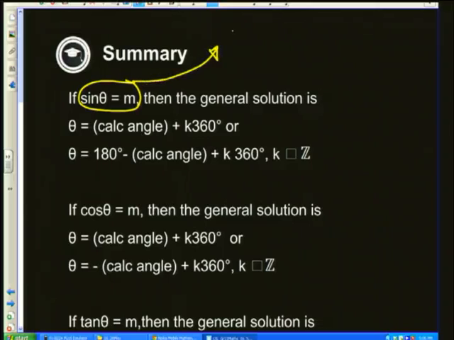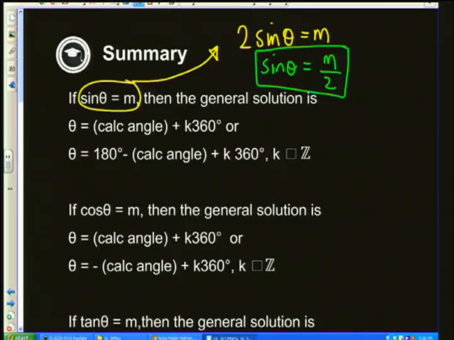So if we have 2 sine theta is equal to m, then you will want to get sine theta by itself. You always want to isolate the trig ratio, so it is equal to m over 2. We isolate the trig ratio first.